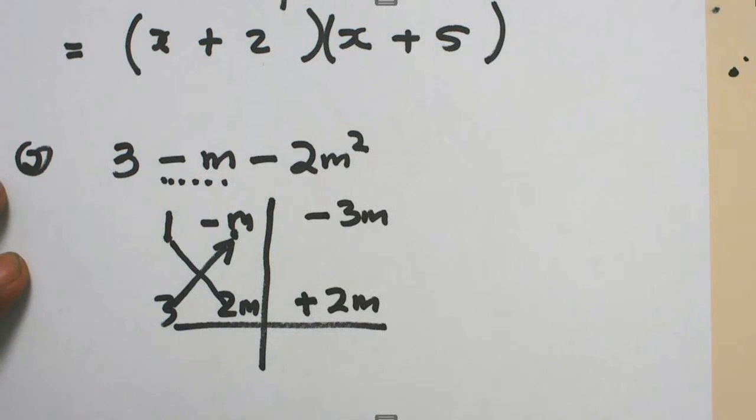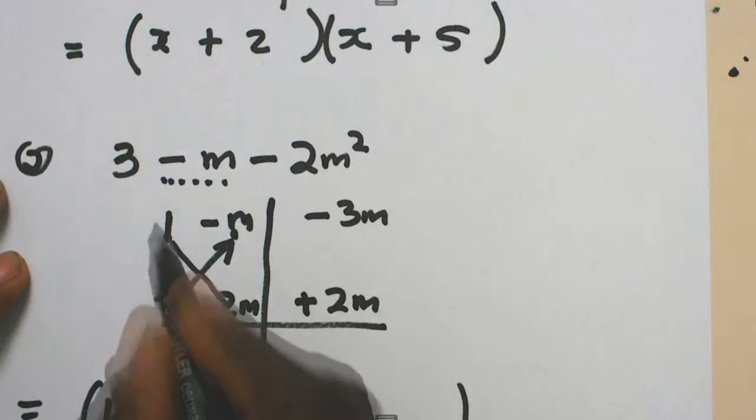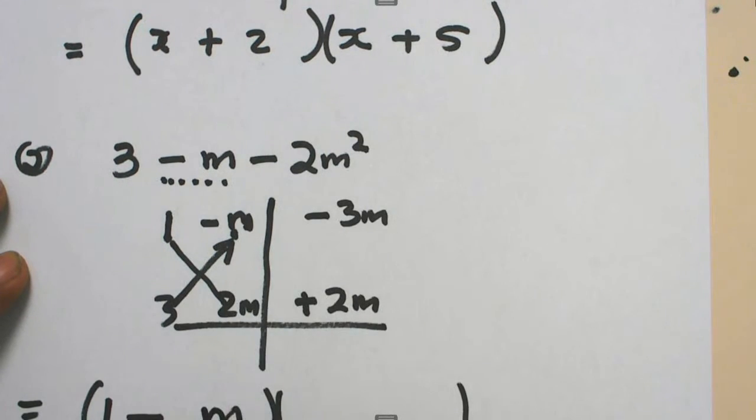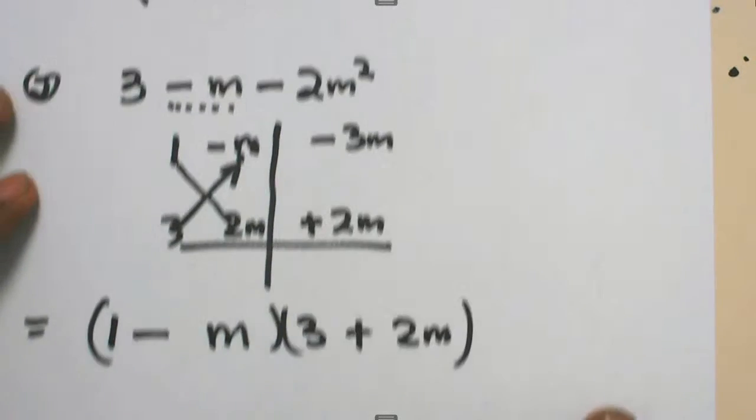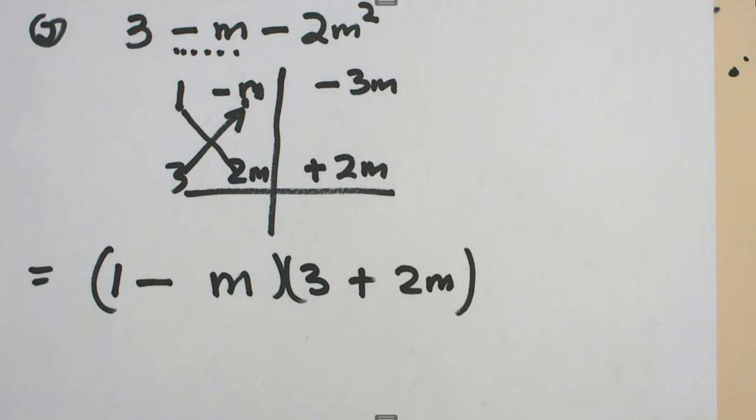And then the factors will be 1 minus m and 3 plus 2m. These are the factors of this. Remember, the table is very important.